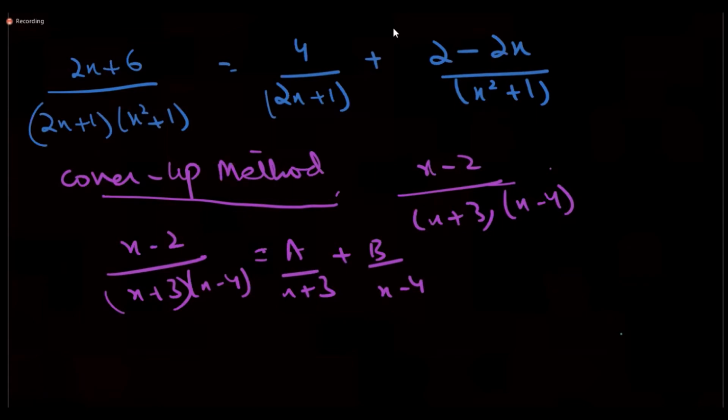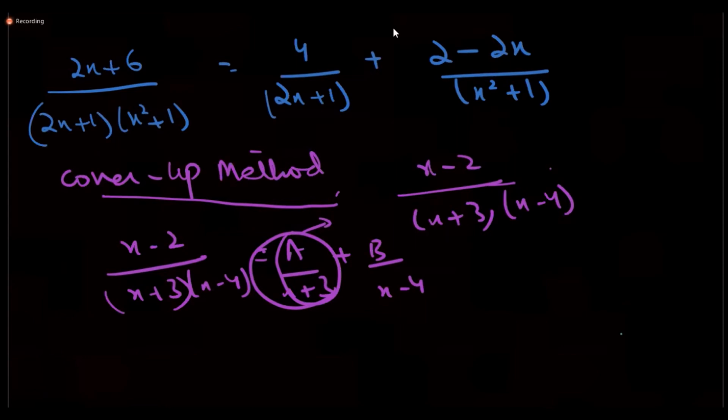Now in the cover-up method, if we want to find A, we put in the value that makes its factor zero.